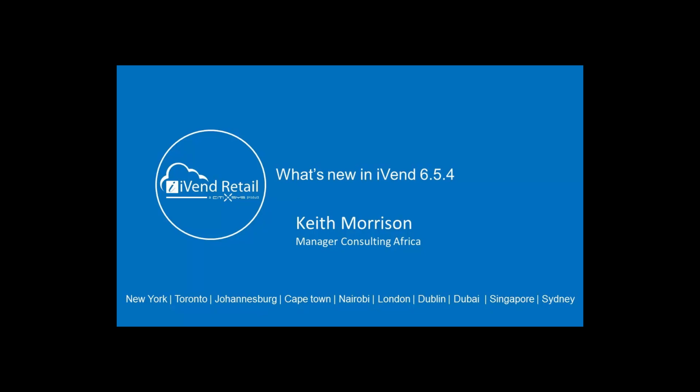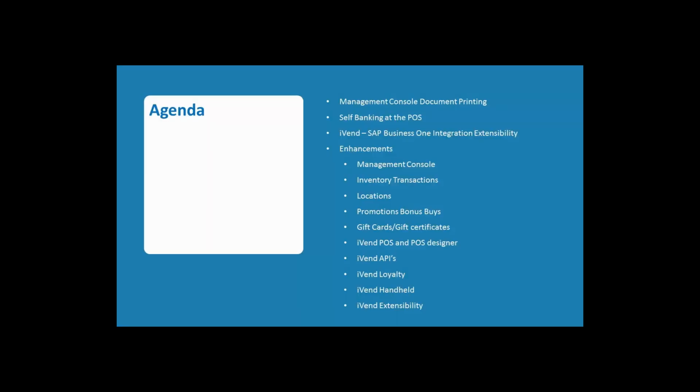Okay, we're just beginning now and logging in. Before we dive straight into this, some of the things I want to point out include our Management Console document printing, our self-banking at the point of sale, and our new iVend SAP Business One integration extensibility, which I will not be going through today because mine is in standalone mode.